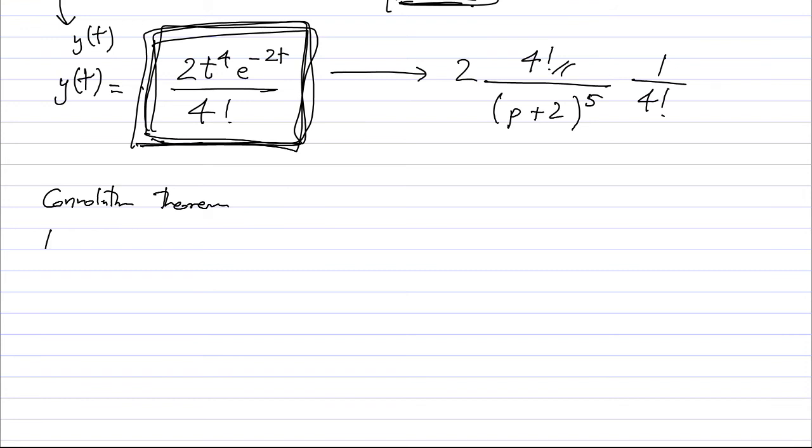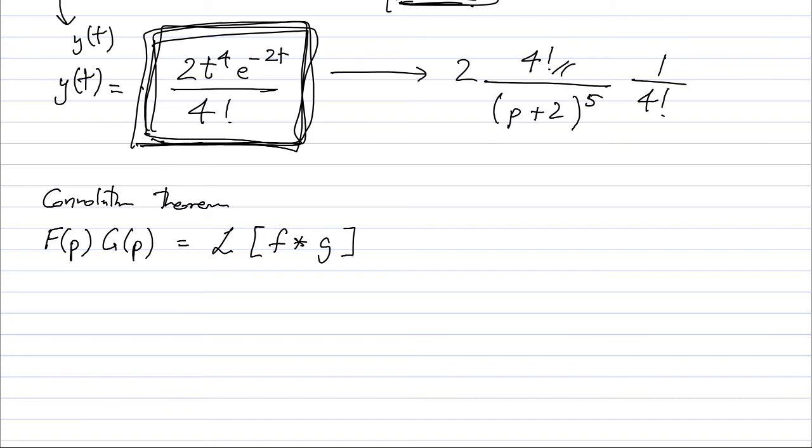Essentially it says that the product of two Laplace transforms, capital F times capital G, is equal to the Laplace transform of the convolution of small f and small g. Capital F is the Laplace transform of small f, and capital G is the Laplace transform of small g. That's what the convolution theorem says.